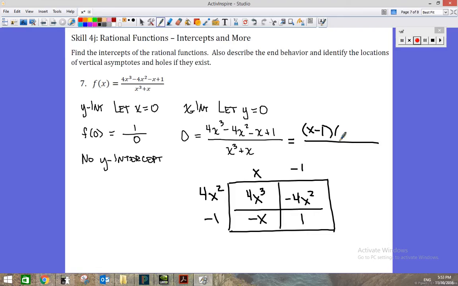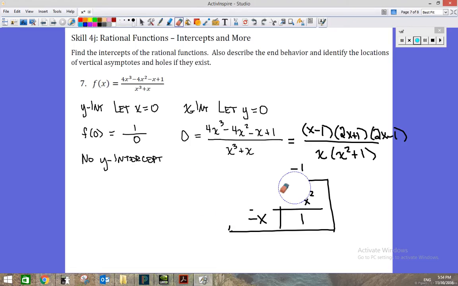So this is going to factor to 2x plus 1 and 2x minus 1. That's what 4x squared minus 1 factors to. Now here, an x is common, so then we have x squared plus 1. And x squared plus 1 is not the same as x squared minus 1. X squared plus 1 does not factor, not over the set of real numbers.